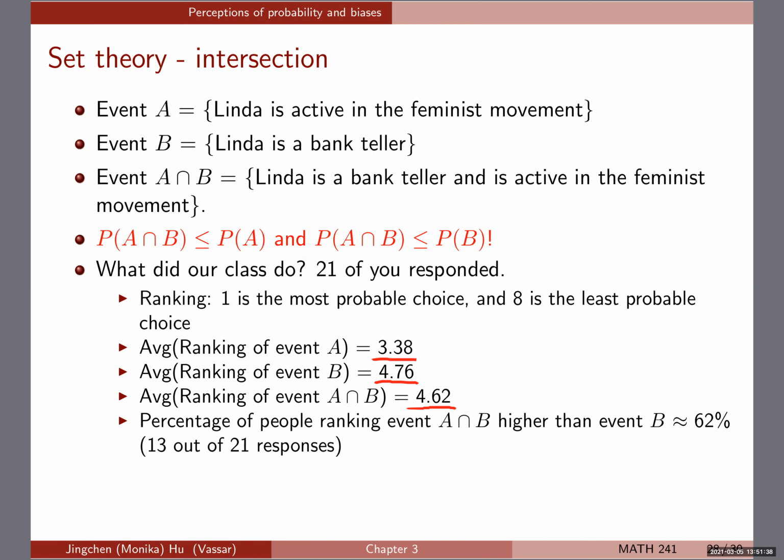Like I said, ranking 1 is the most probable and 8 is the least probable. So a reasonable person, when doing this kind of ranking, should not have ranked the intersection of A and B higher than any of the marginals. Remember, higher means a smaller number. Apparently some of us are thinking that it's more likely for Linda to be a bank teller and active in the feminist movement compared to Linda being active in the feminist movement.